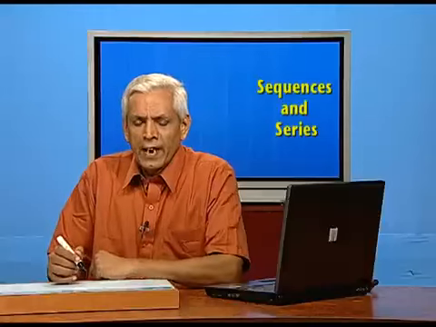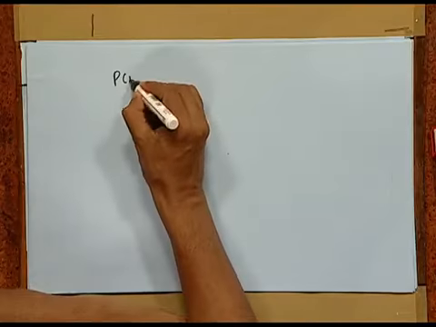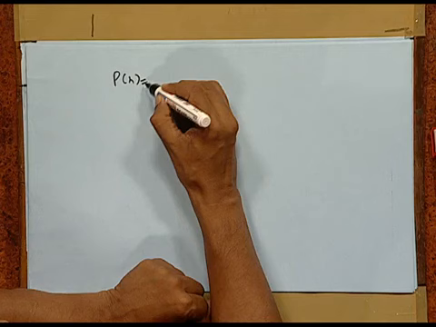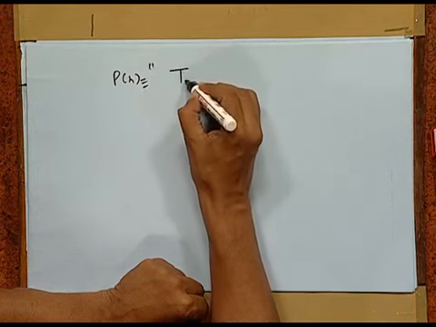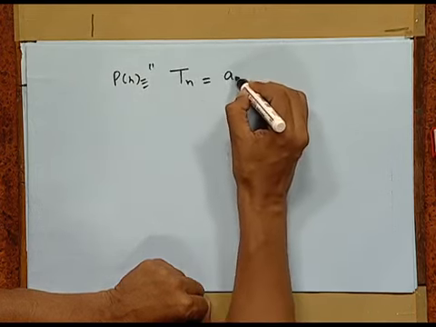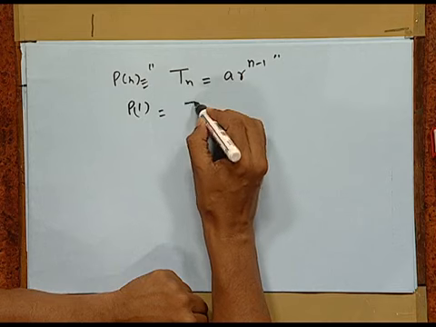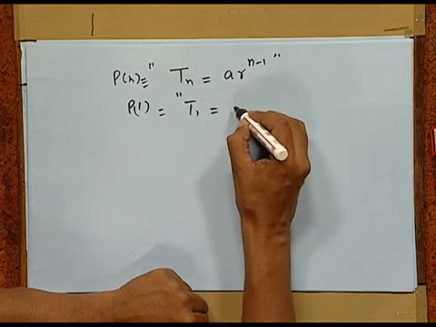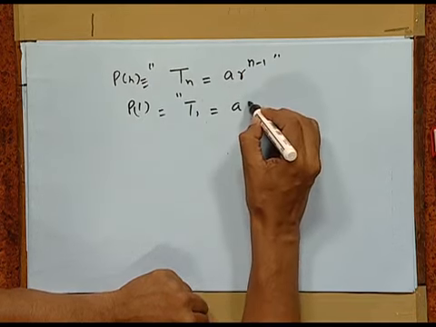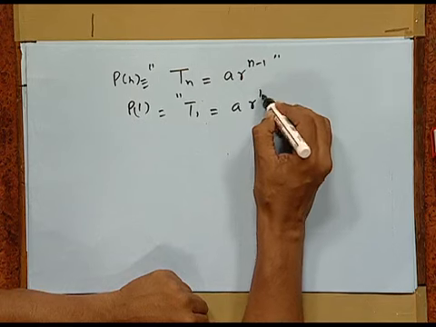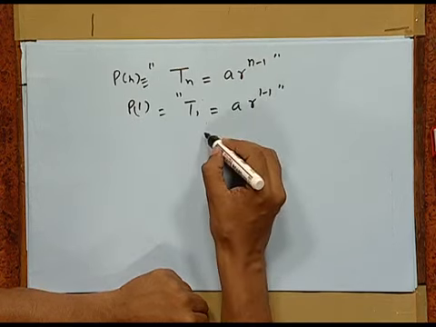The best way is to prove it by mathematical induction. We have Pn: Tn is A times R raised to power n minus 1. For P1, we have T1 is equal to A R raised to power 1 minus 1, which is clearly true.